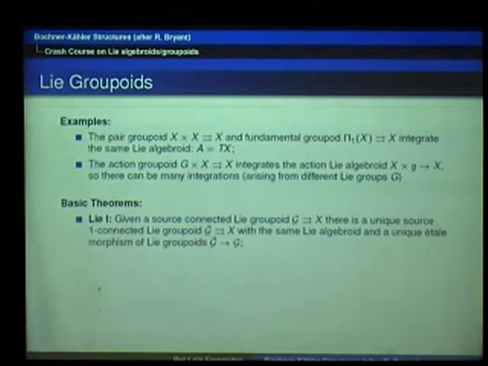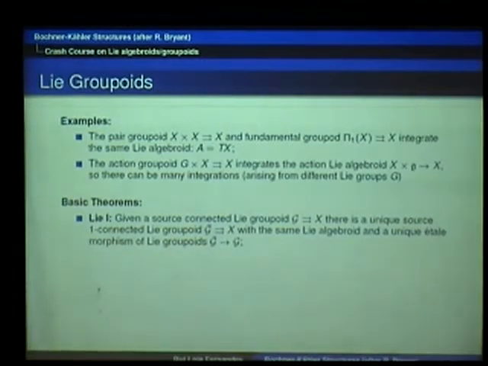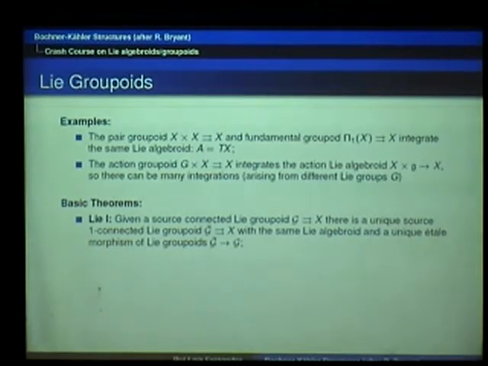So Lie's first theorem, if I have a source-connected Lie groupoid G. So here, what in the Lie theory, you typically require the group to be connected or to be simply connected. That's replaced here by the source fibers being connected or the source fibers being simply connected. Okay? It doesn't matter if you take source or target because they are diffeomorphic via inversion.